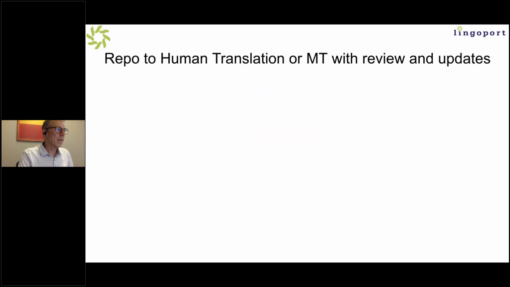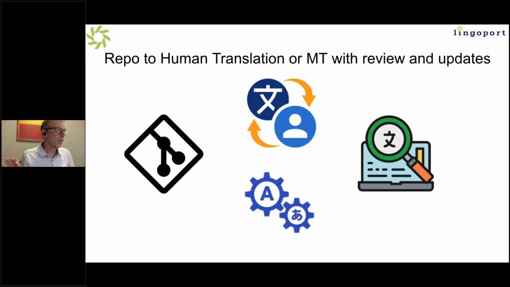So with that, I have a couple more things. I'm talking too long. Think of this as a workflow system. You are going from the repo to either human translation or machine translation. You may go machine translation to human.